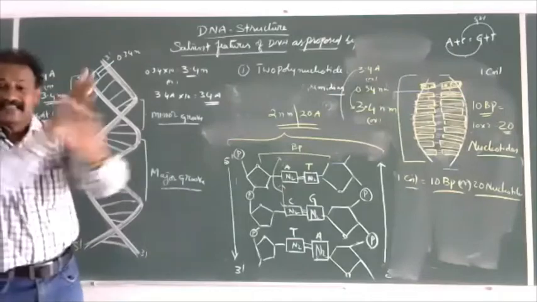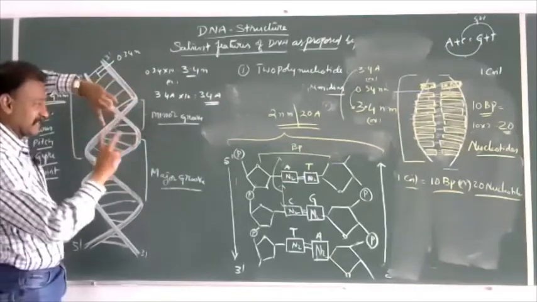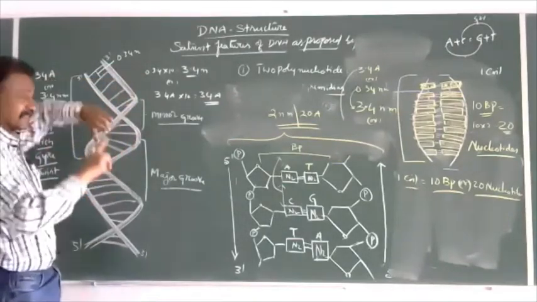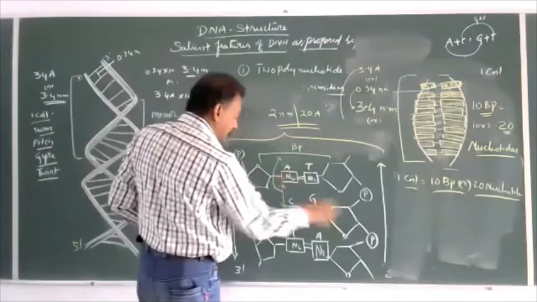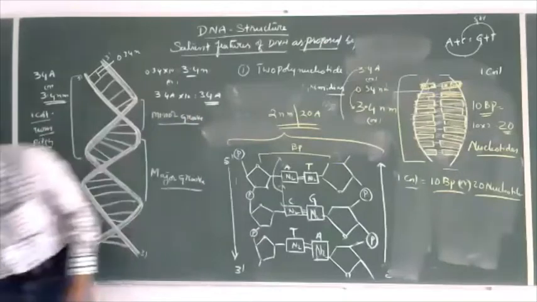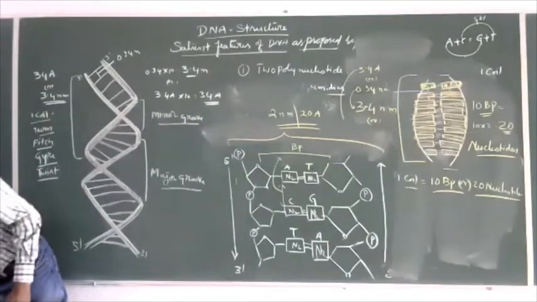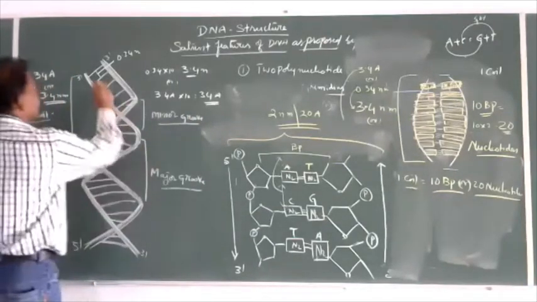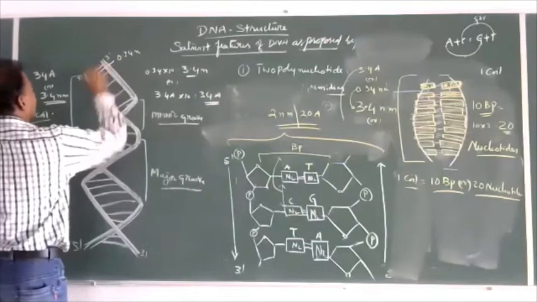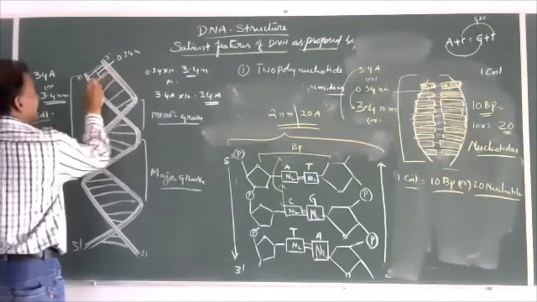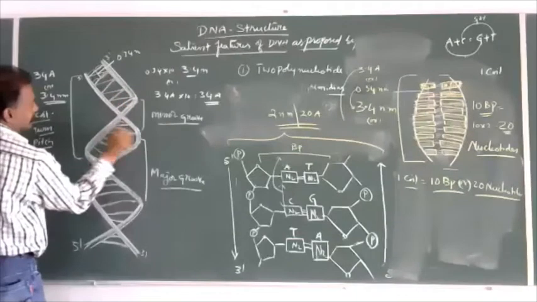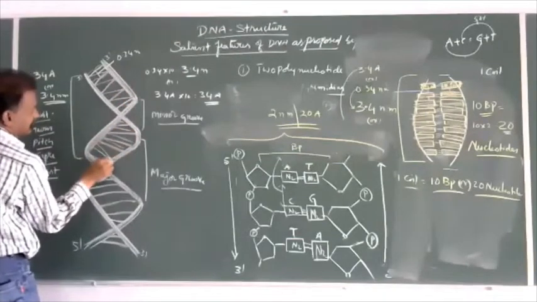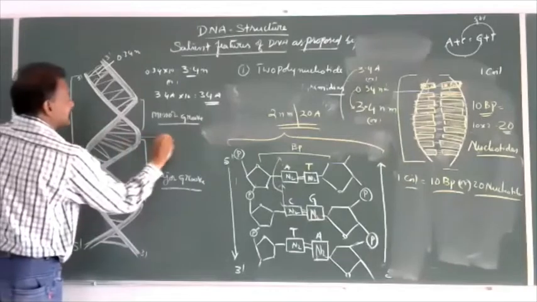The twisting is in such a way that the angle of curvature between every two base pairs gives 36 degrees.